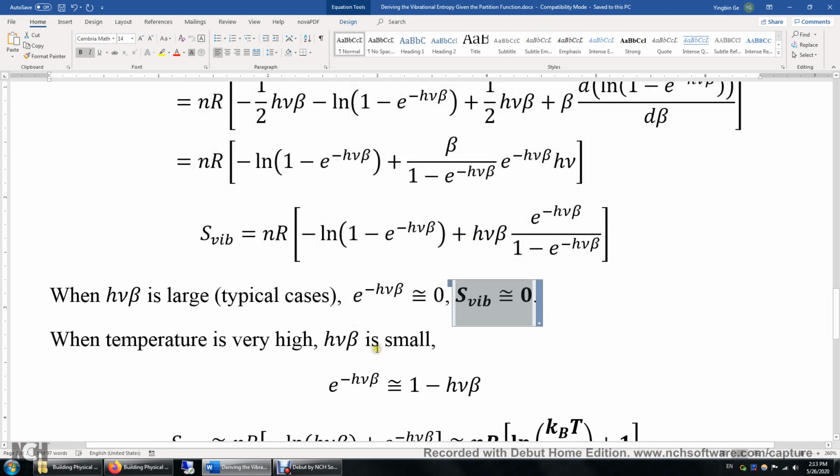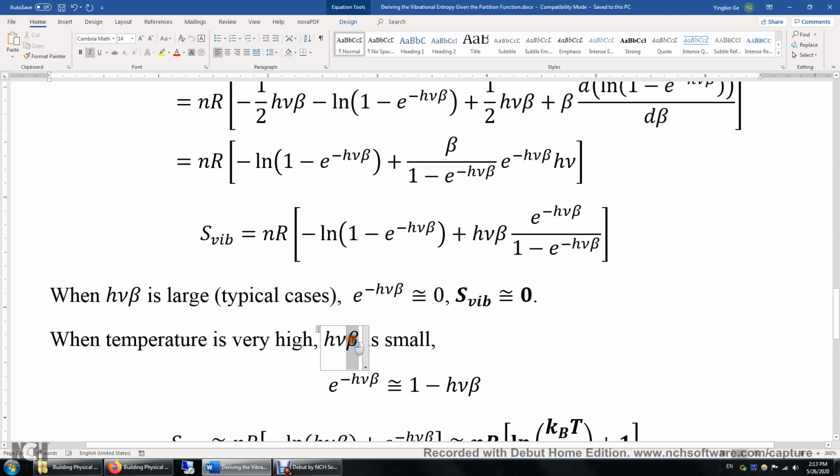Now, what if we have a very high temperature? If the temperature is high enough to make this h nu beta small enough, let's say this h nu beta is now much smaller than 1. For example, if you have a high temperature, and let's say bromine gas, because bromine is so heavy, the bond between two bromine atoms is so weak, and then it's possible to have a small vibrational frequency for the bromine molecule.